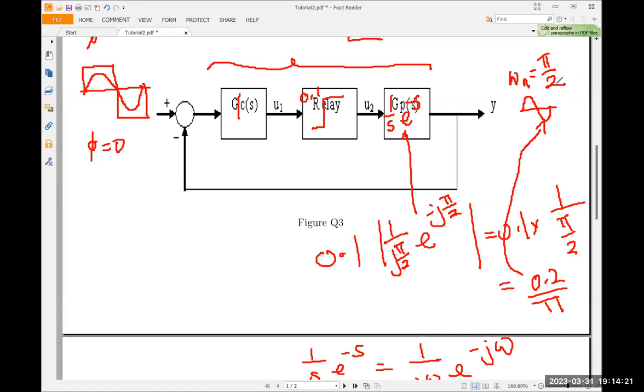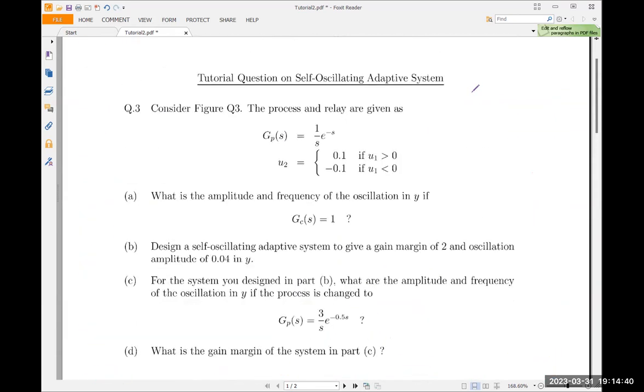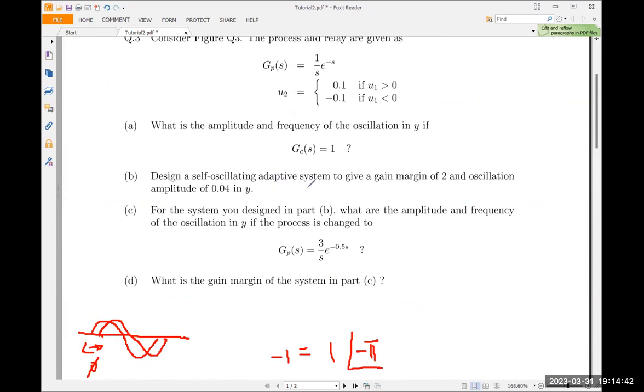Question B asks you to design a self-oscillating system to give a gain margin of 2.